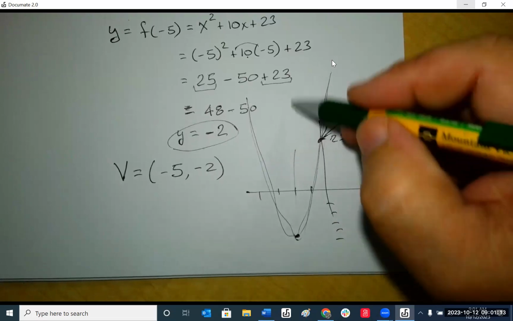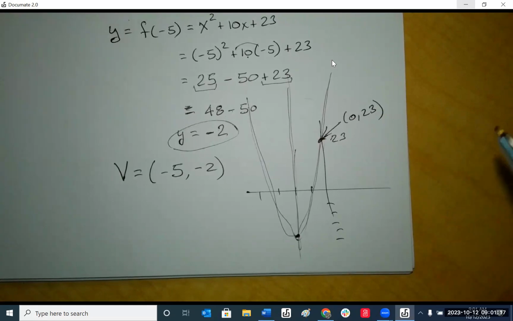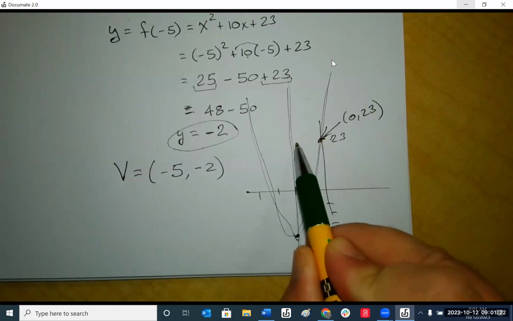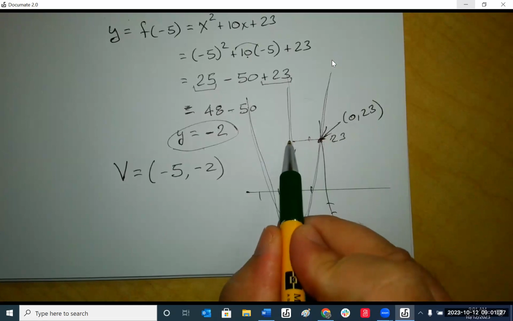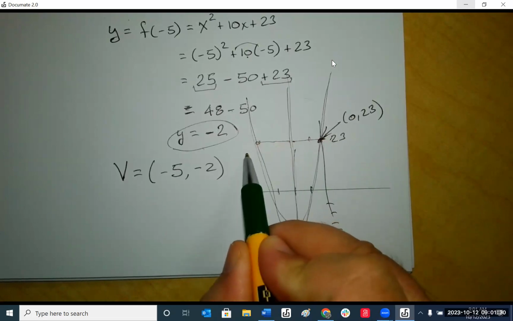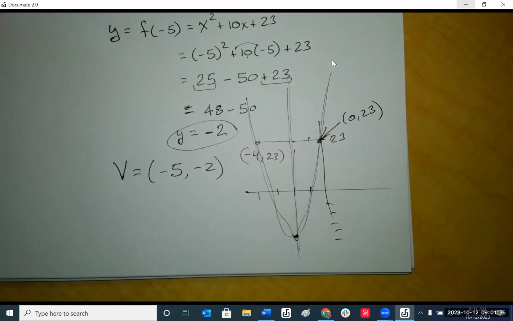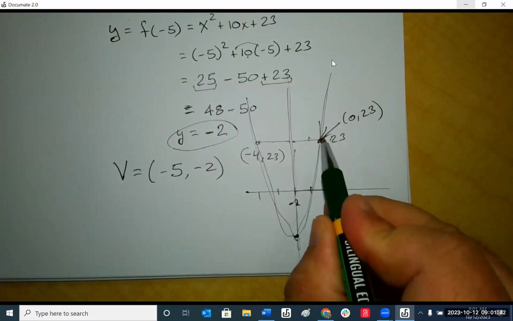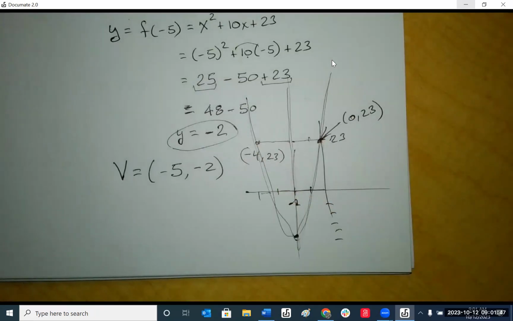And remember, the axis of symmetry is right there. So this point is 2 spaces to the right of the line, which means I could go this way, 1, 2. It's going to be at (negative 4, 23). There's another point because of symmetry. The axis of symmetry is negative 2, so 2 spaces to the right, up 23. 2 spaces to the left, up 23.